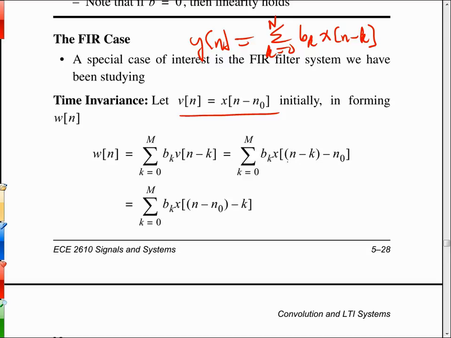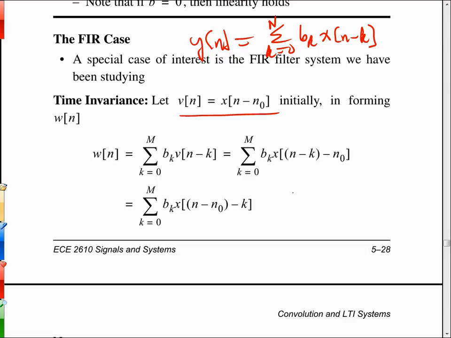So where I had the n before, I replace it by n minus n naught. So I would have originally started off by writing this as n minus k, and then minus n naught, and then I can group the parentheses accordingly.